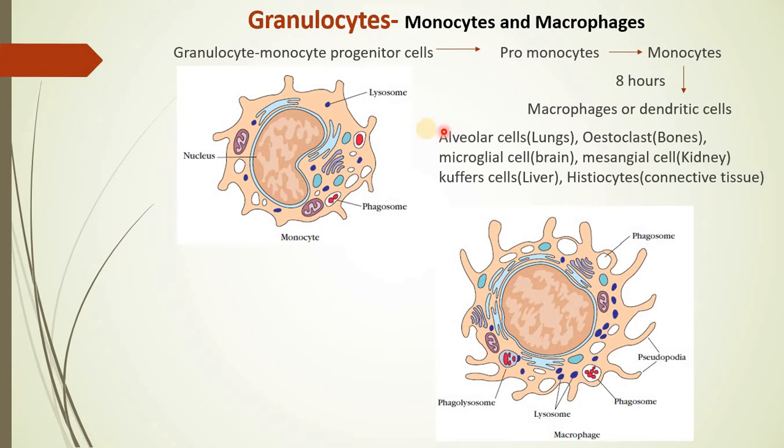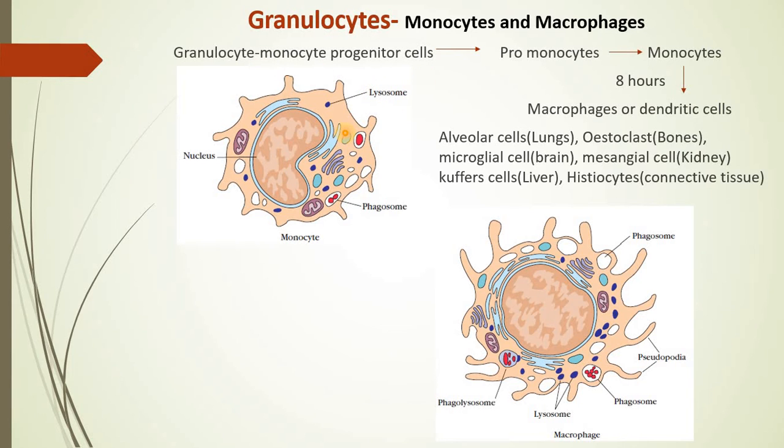These monocytes are small cells containing a very large nucleus, and the number of monocytes is very small. Further, these monocytes are motile in nature, indicating that if they are present in the blood, we call them monocytes, but when the same monocyte enters into the tissues, it resides over there and becomes non-motile. So this monocyte will get transformed into a macrophage. So both monocytes and macrophages have the same lineage of development.